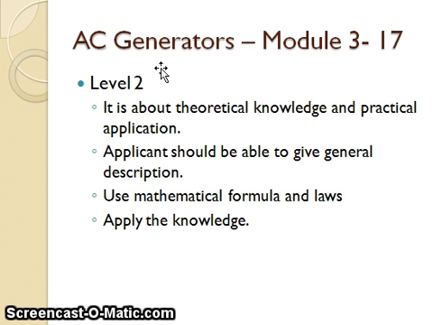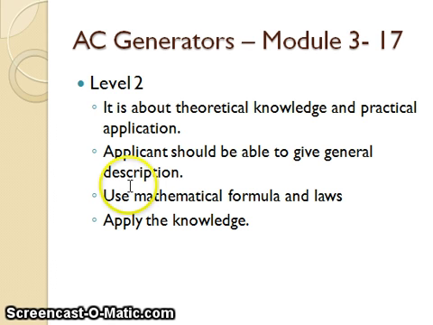AC generator. If you look at the syllabus, it is at level 2. That means the students are expected to have theoretical knowledge and practical application of the AC generator. And the applicant, this is the person that applied for the license, should be able to give a general description of the system and the elements and the components.